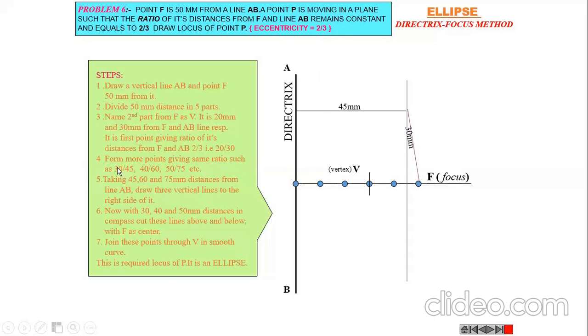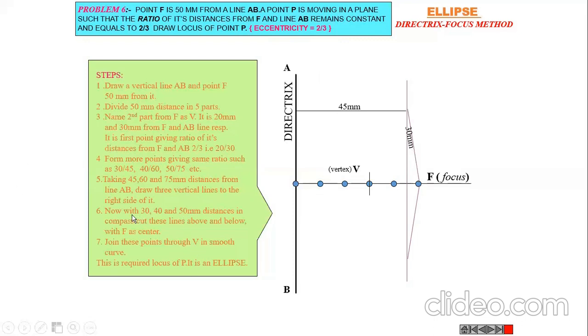So 30 by 45 is again the same ratio, that is 2 by 3. Then 40 by 60 means 2 by 3, 50 by 75 means 2 by 3. So we can calculate the ratio. Then take 45, 60 and 75 mm from the line AB.